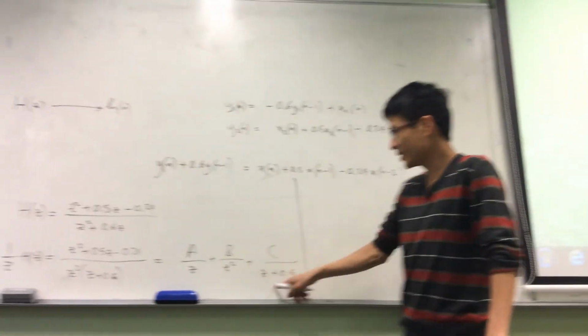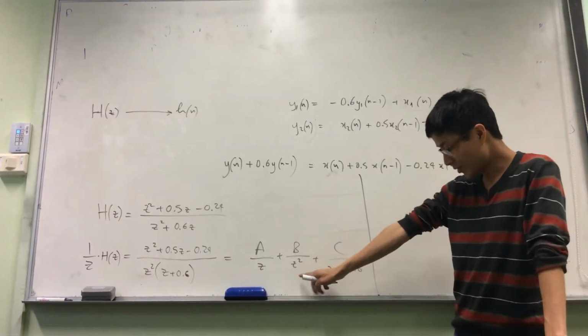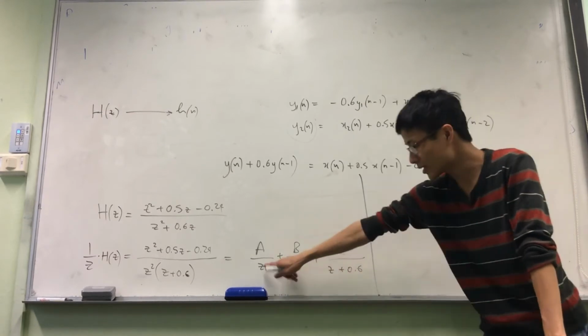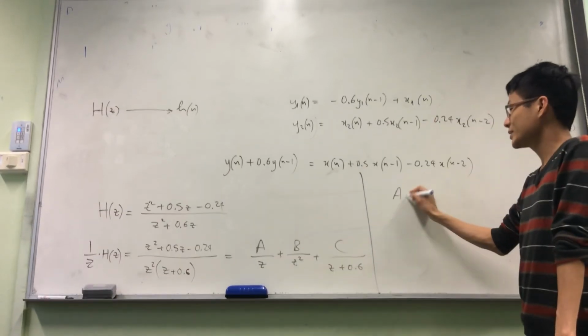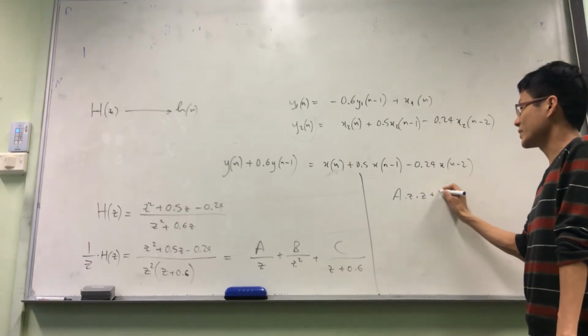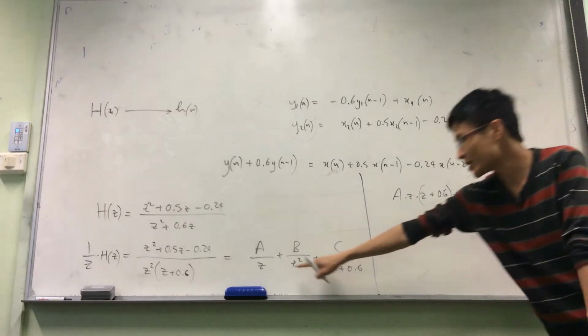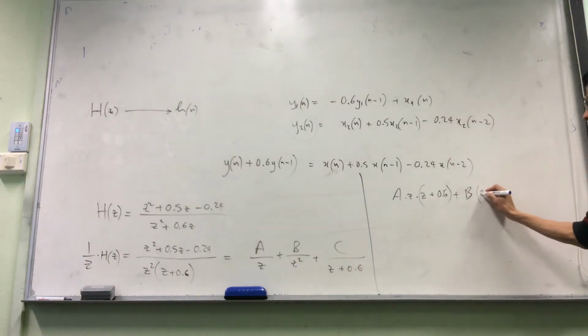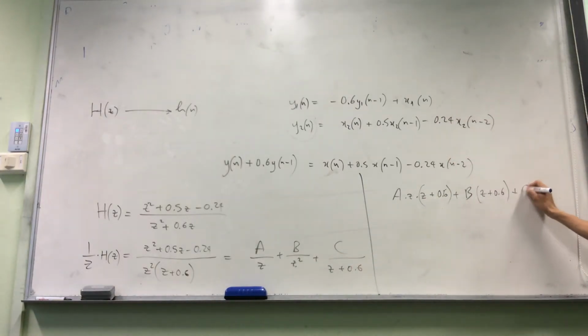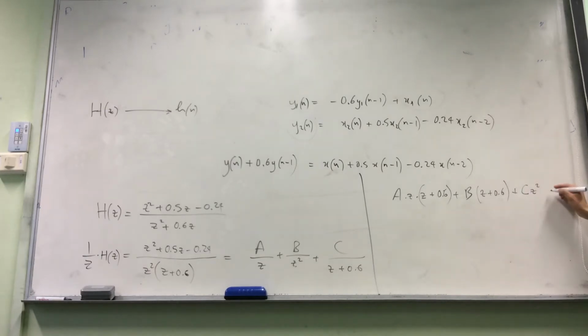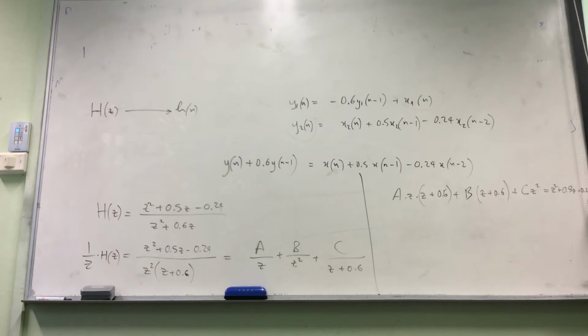Multiply A by this, by this. So the common factor will be z squared times z plus 0.6. A already has z, so multiply A times z times z plus 0.6, plus B. B already has z squared, so we don't need to multiply by z, plus C z squared, equal to the top, z squared plus 0.5z minus 0.24.